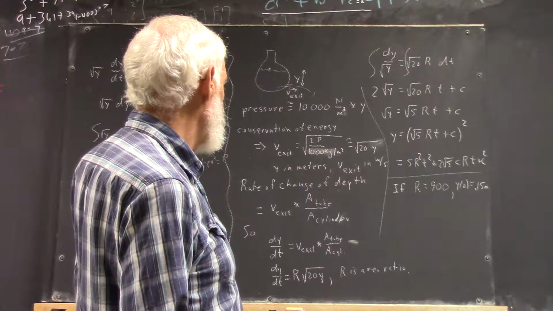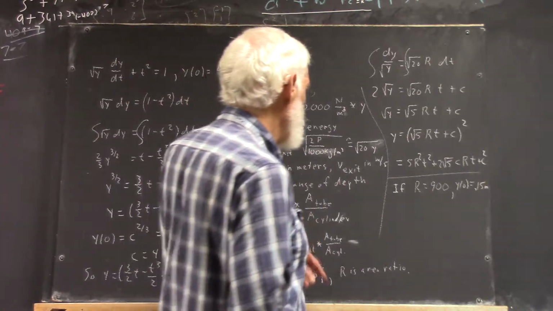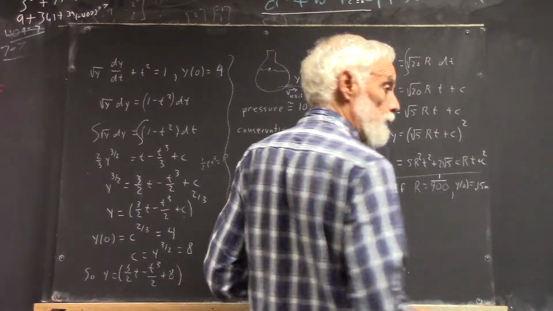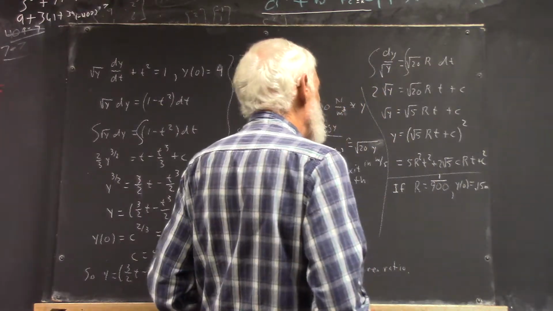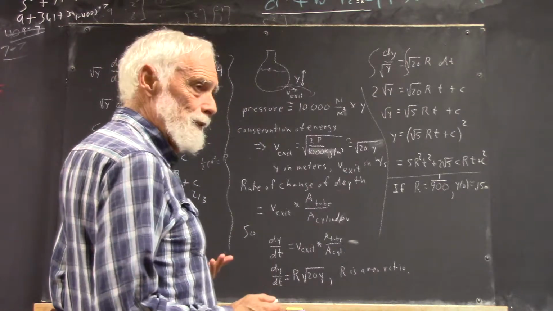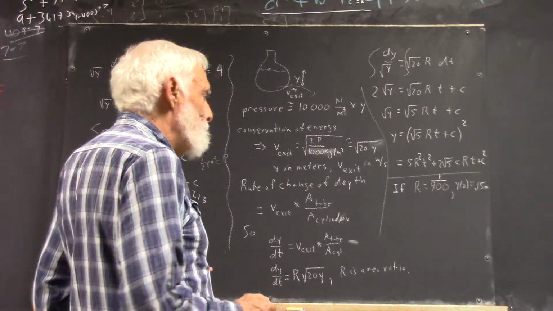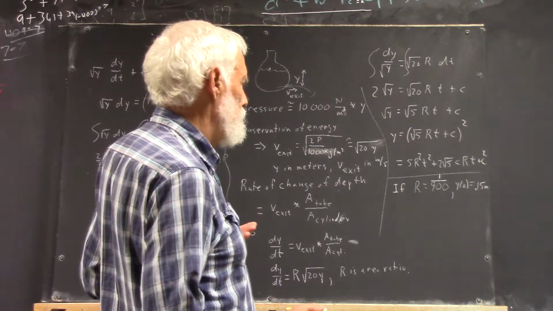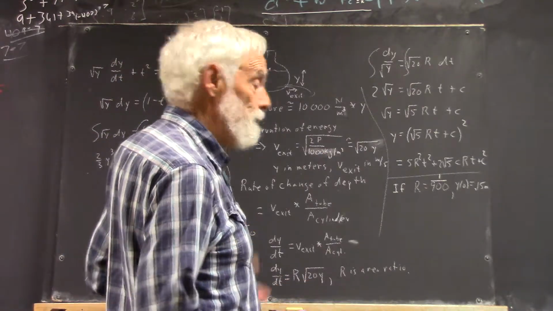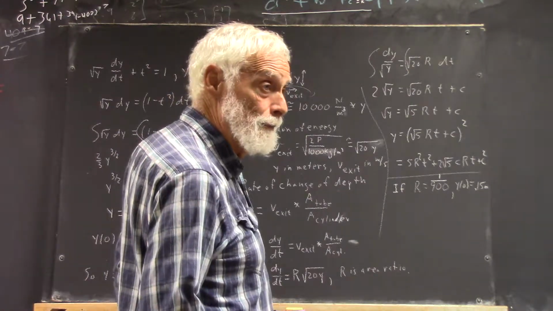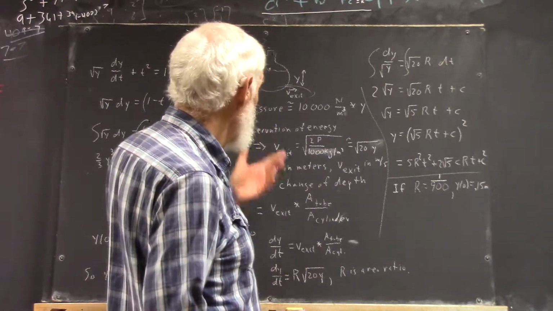In the first place, R is supposed to be the area of the tube over the area of the cylinder, so it should be like 1 over 900. So 5R squared would be like 5 10,000s. That would be worse than that. It would be like 5 millions. Okay? It's way too small. So something's wrong here with my model, with my reasoning here.